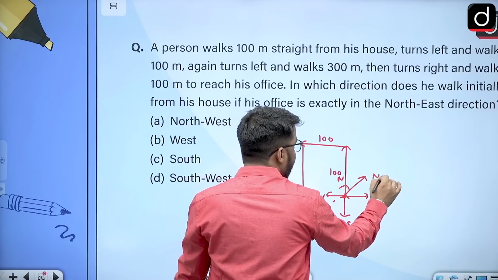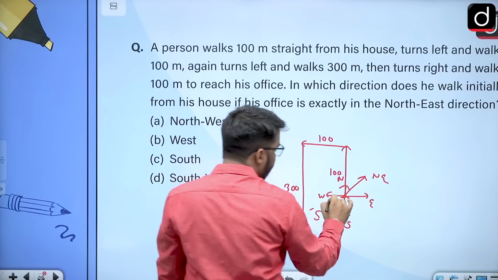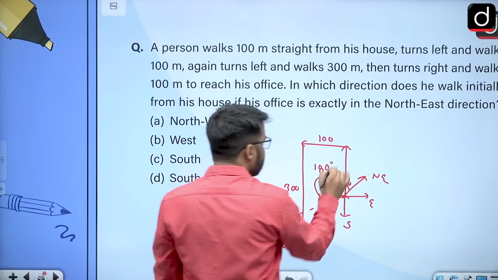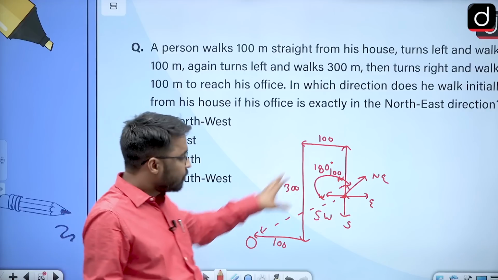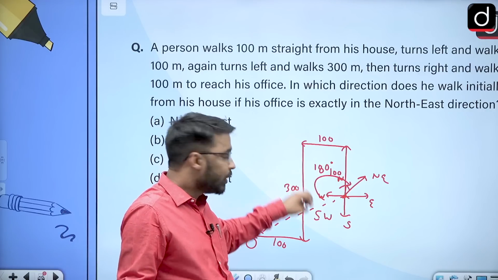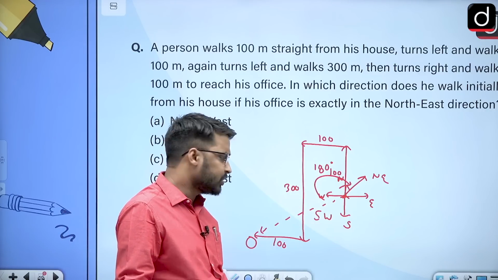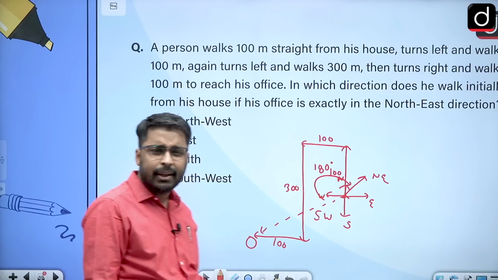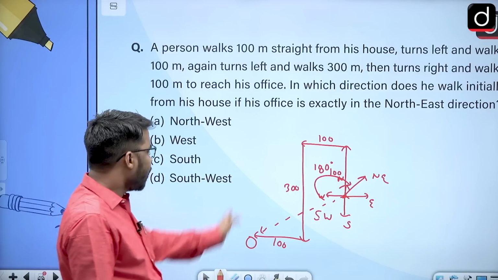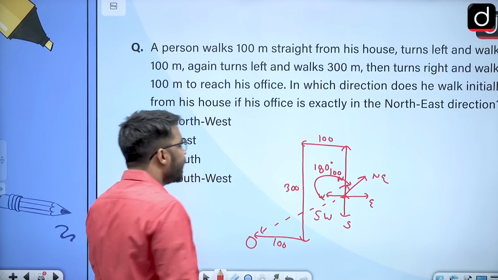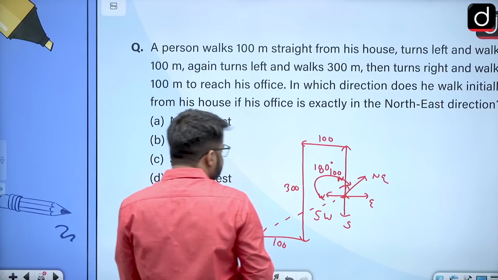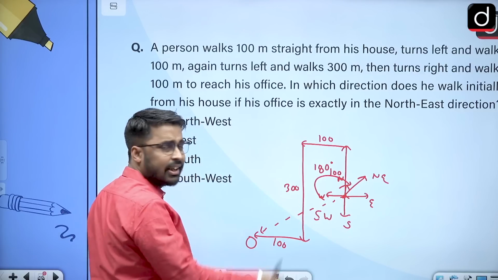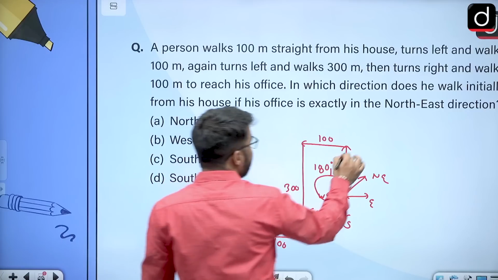So to bring a point from southwest to northeast, you have to rotate the entire diagram by 180 degrees, correct? So this tells me that my starting direction will also rotate by 180 degrees.